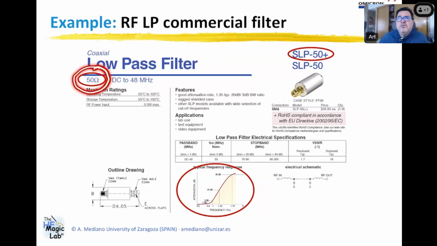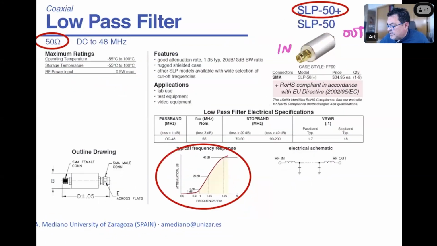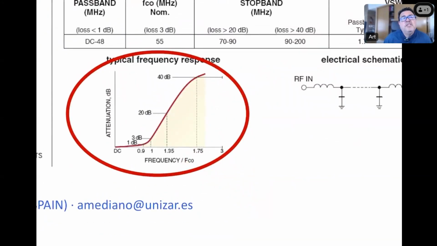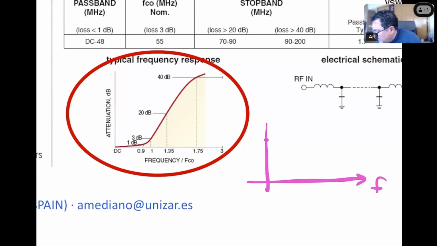This is 50 ohms. That means you have one input port, you have one output port, and both ports are prepared to work with 50 ohms terminal impedances. And the manufacturer gives you the response of the filter. This is attenuation. If you want to plot it like the gain of the amplifier, and this is frequency, it is the mirror image of the filter.